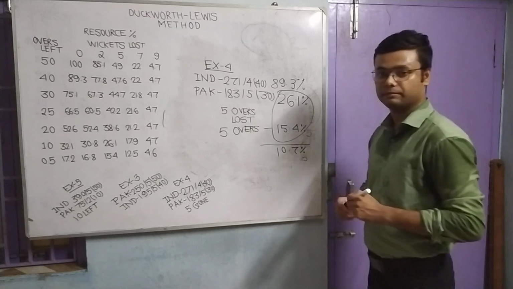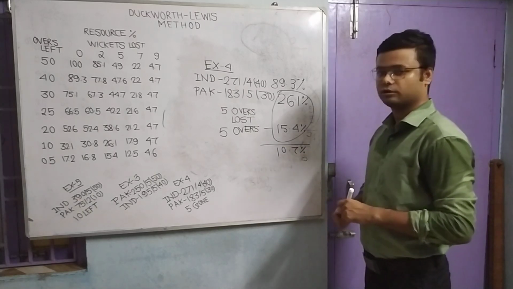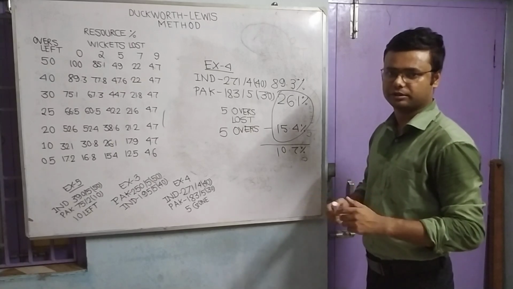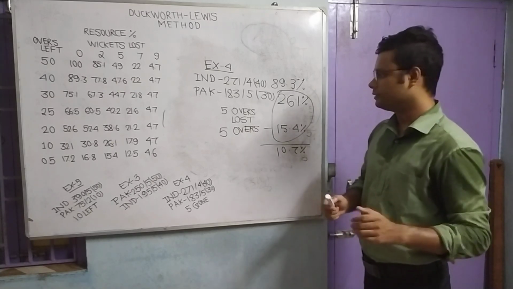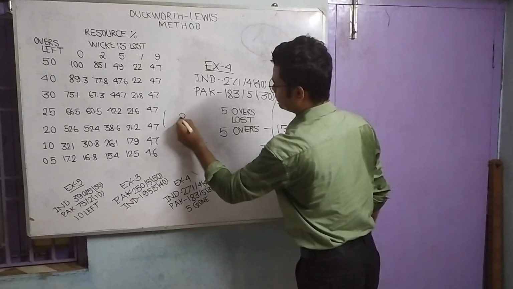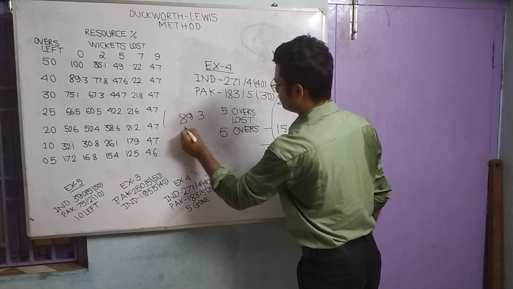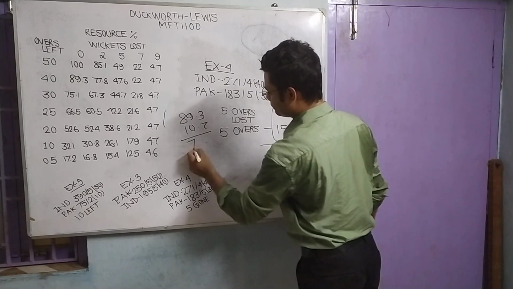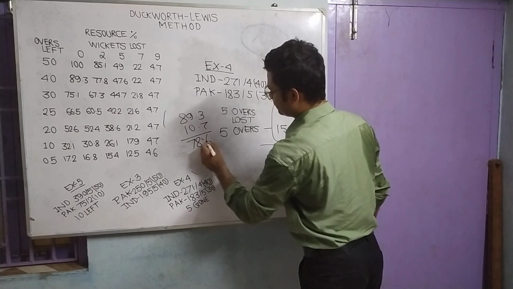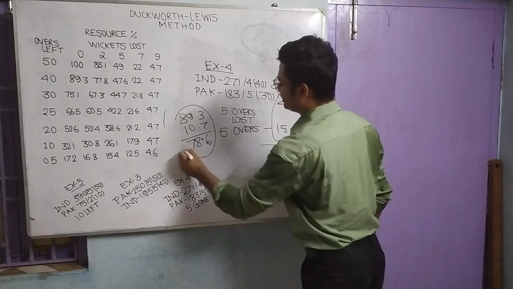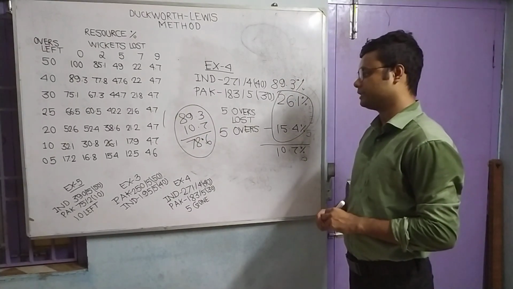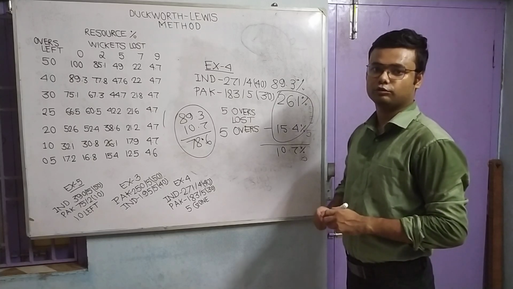They have lost 10.7% resource. So if there is no further interruption of rain, they will have 89.3 minus 10.7, that is 78.6, as the maximum resources left for Pakistan. So they have to score.